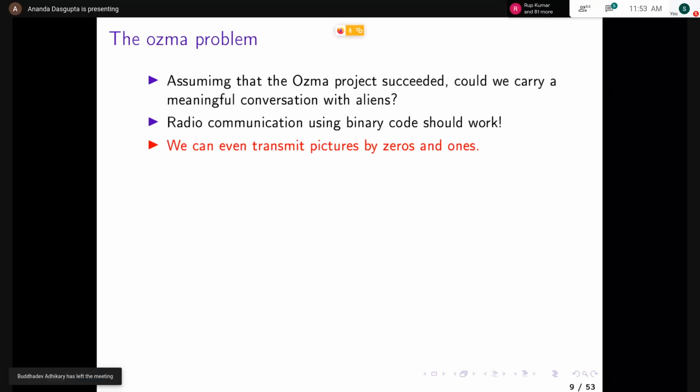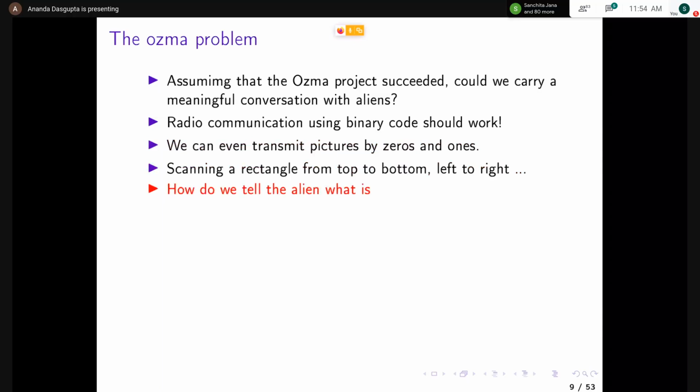That will at least be able to give the alien this picture, and all the alien would have to do is, once he or she or it gets the information, they can actually scan the picture, recreate the picture going from left to right, top to bottom, and so on.